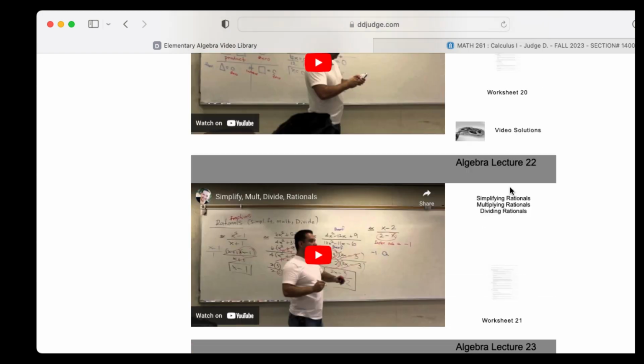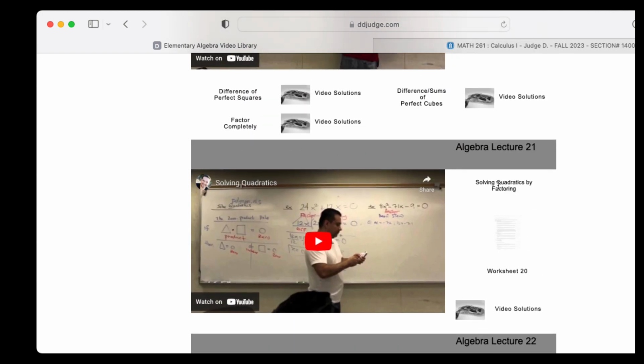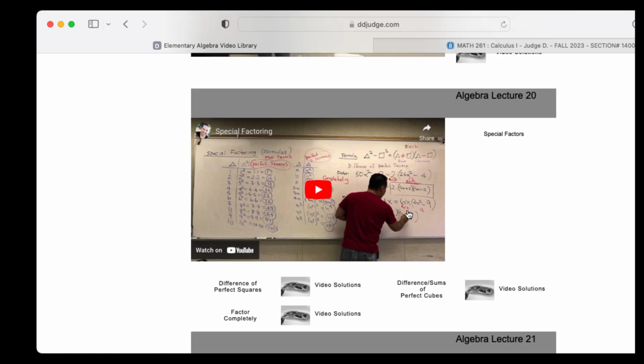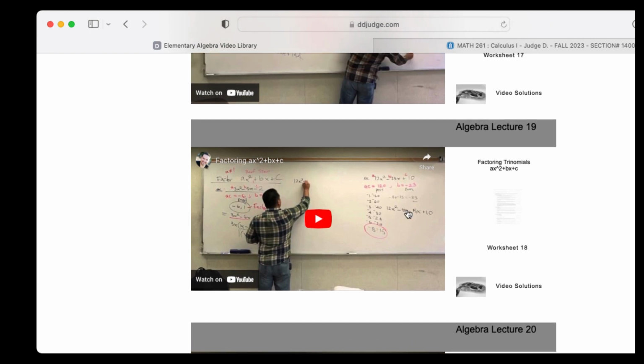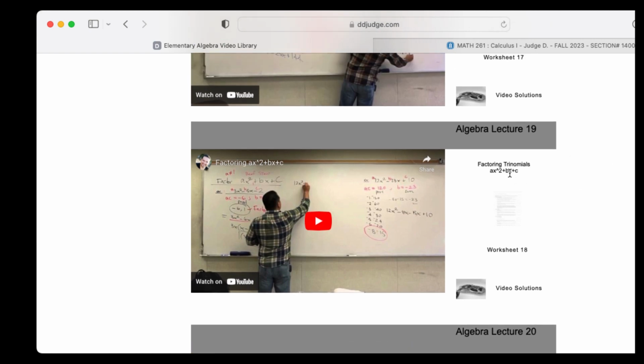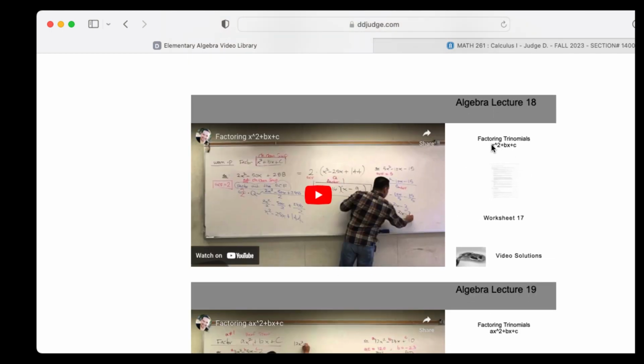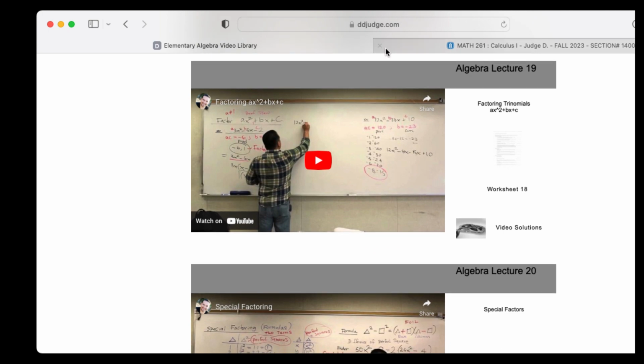Look at that. Special factors? This all predates iPad stuff. I had to use a real camera. It's not even 720p, it's like 640p. Oh, factoring trinomials, where leading coefficient is 1, leading coefficient is 2.